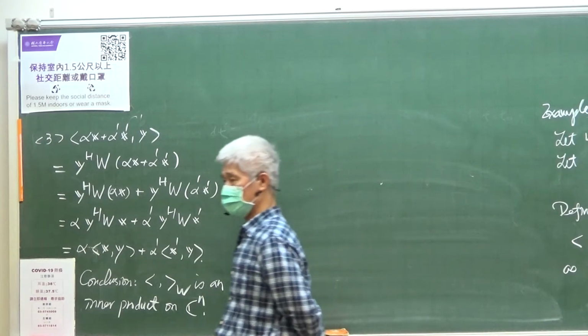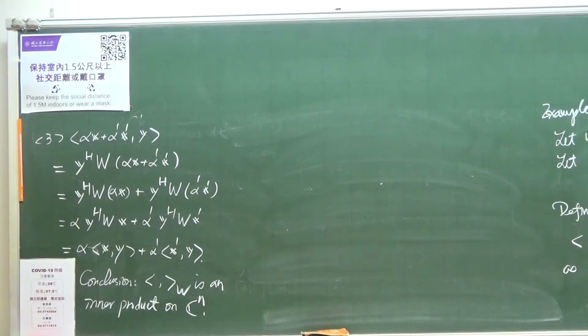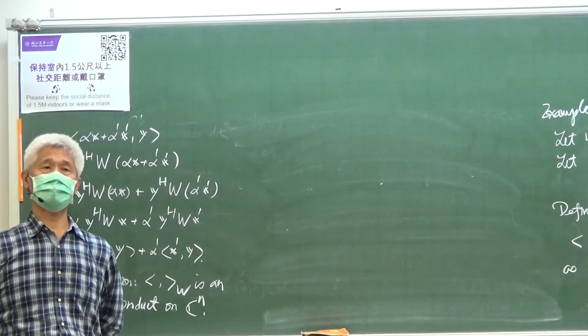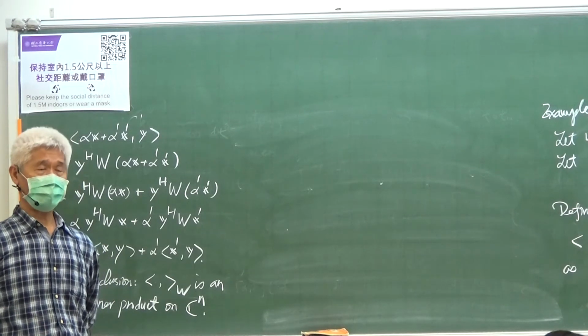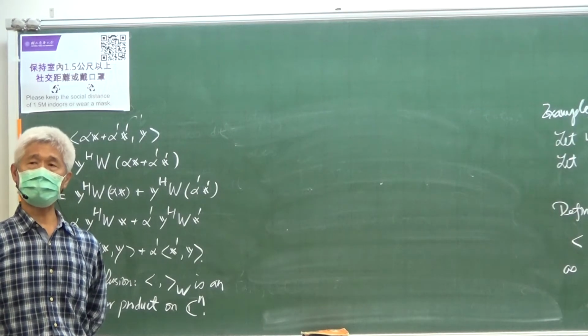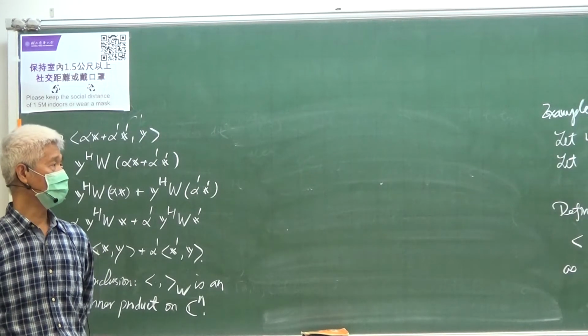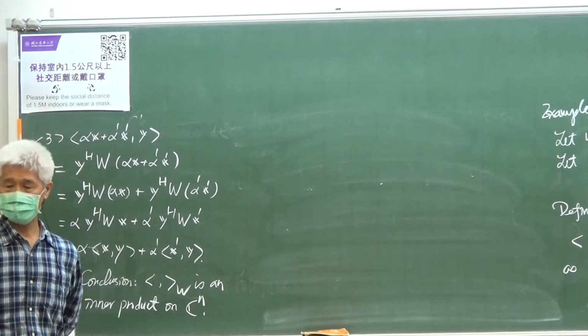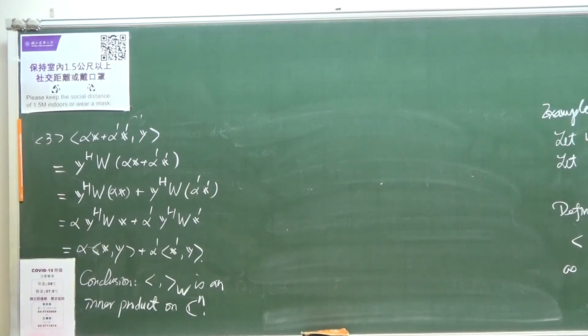So from these two examples you can see the inner product space concept is very general. It can provide us a very effective means or tools to study things like signal processing.